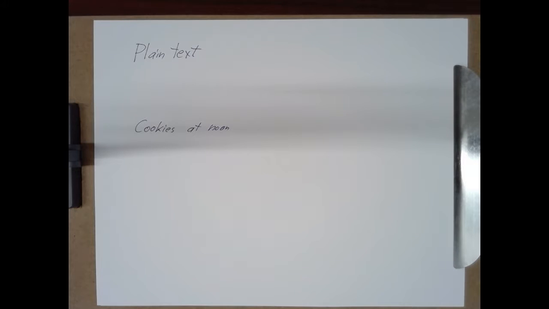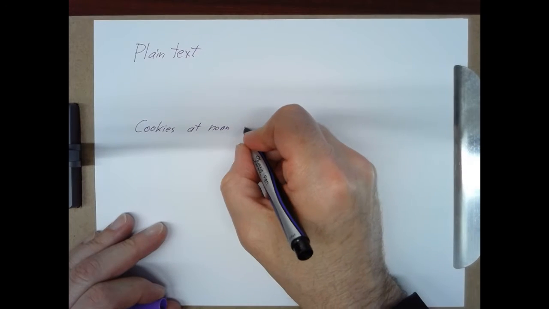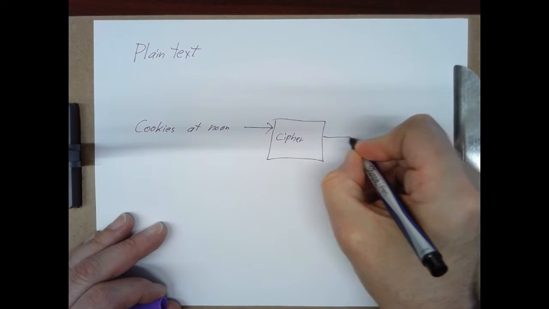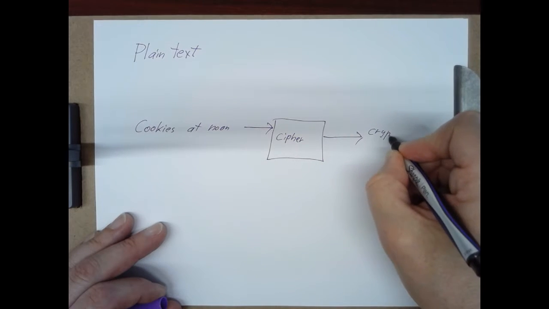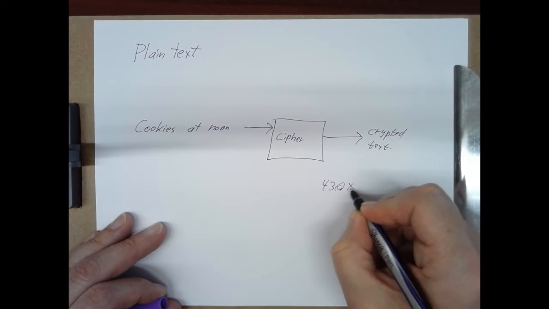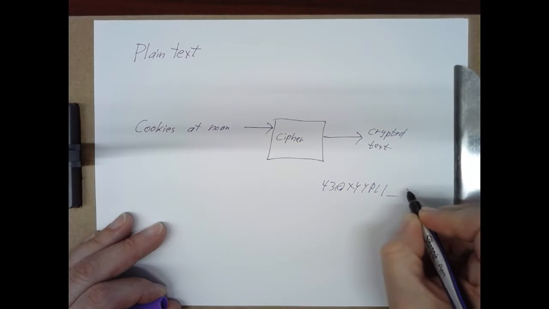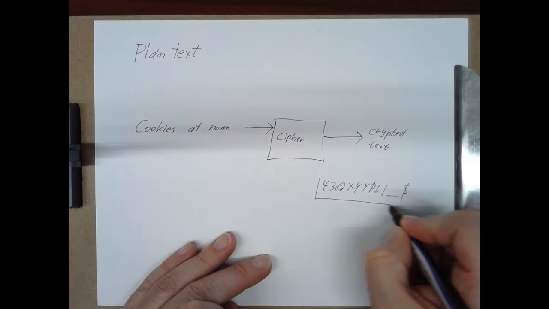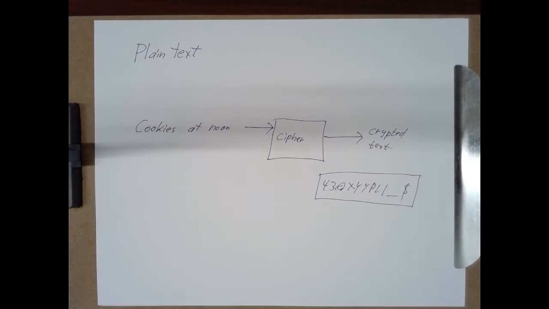Okay? So the idea of encryption is let's take this plain text and run it through some kind of cipher and get out some crypted text, which says, 43 at XYYPL1 underscore $. And then this crypted text or cipher text is the thing that I put in an envelope and leave at my friend's door, or give to somebody to travel across the country and hand the message to my friend, right?